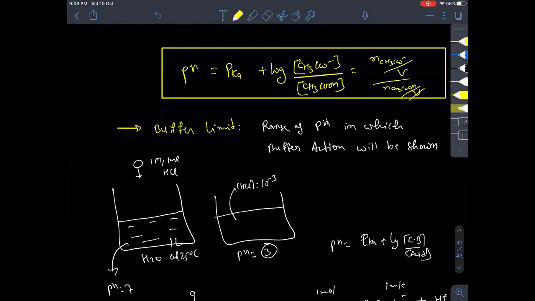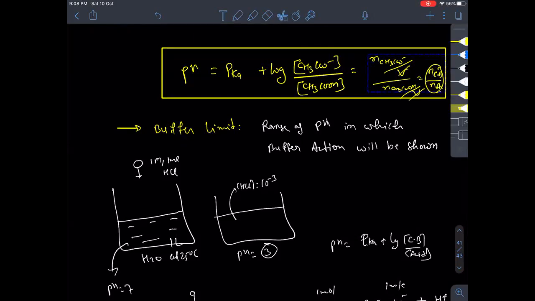Can't you see this volume will be cancelled out? So this will be the ratio of moles of conjugate base upon acid. So that has nothing to do with the volume, because the volume term will be cancelled out.